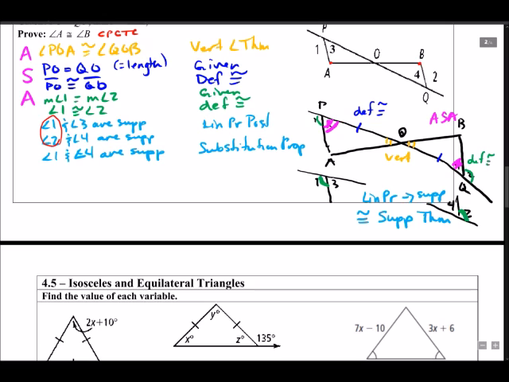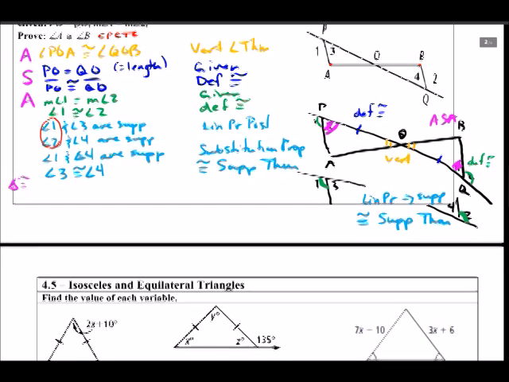So now I've got 1 and 3 and 1 and 4. This is more appropriate. So now angle 3 is congruent to angle 4 by the congruent supplements theorem. And then I'm going to be able to say that my triangles are congruent. So now I can do congruent triangles because I've got all my angles and all my sides.